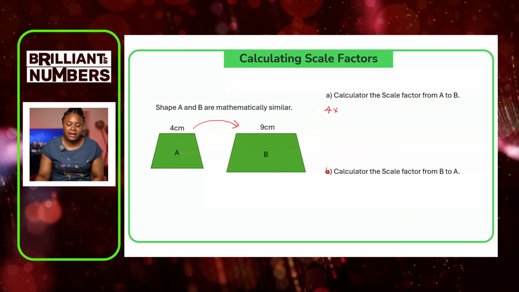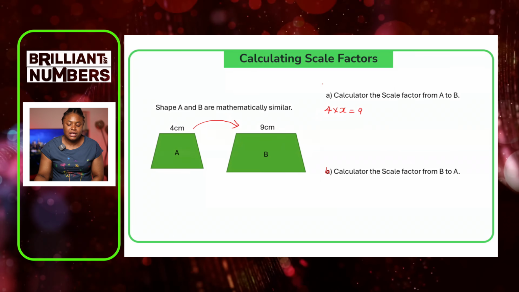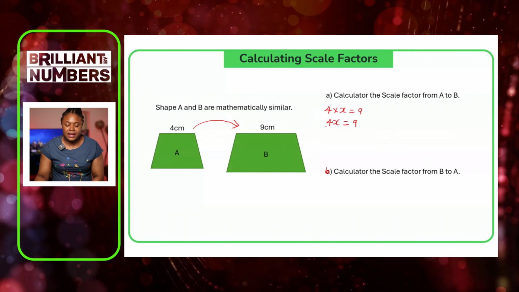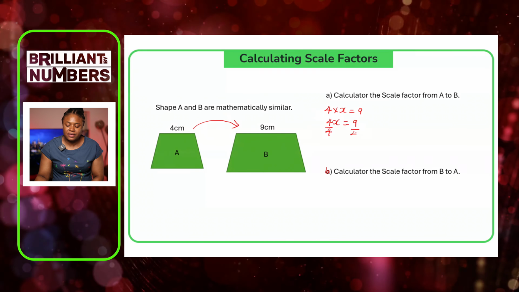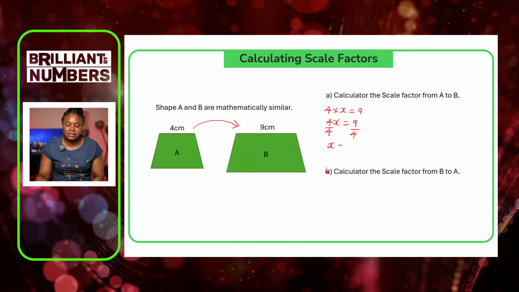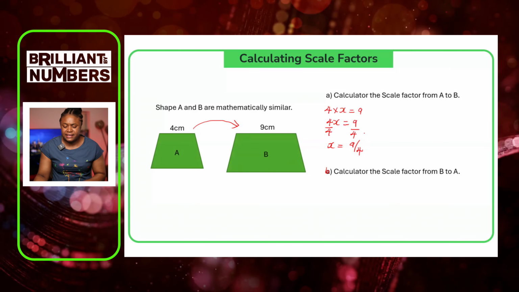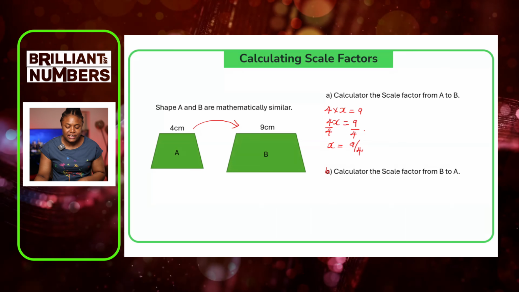So 4 times x is equal to 9. So 4x is equal to 9. I then divide both sides by 4, and so that cancels the x, and that is equal to 9/4, which we can leave just like that as a fractional value.